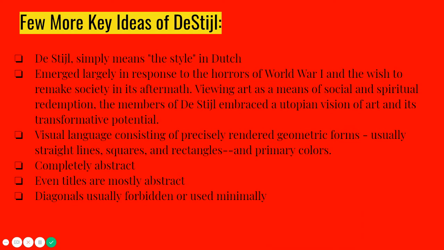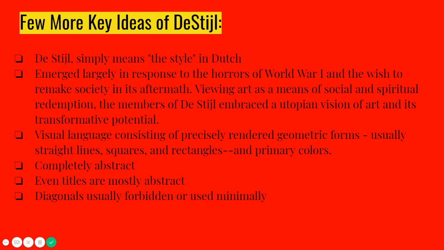And so visually, the De Stijl movement, we talked about being used with a limited array of the elements of art. Honestly, we can narrow that down precisely to very clean geometric forms, more rectangles and squares than anything else, extremely straight lines, and mostly horizontal and vertical lines.